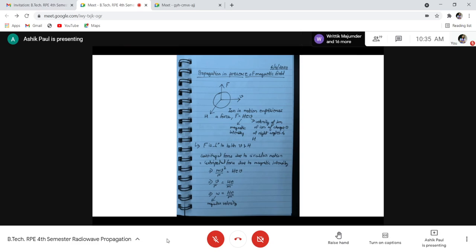Although the phenomenon of magnetism, to be very honest, is less well understood compared to that of electricity. ইলেকট্রিসিটি আমরা অনেক ভালোভাবে বুঝি, ইলেকট্রিক ফিল্ড অনেক ভালোভাবে বুঝি, কিন্তু ম্যাগনেটিজম বা ম্যাগনেটিক ফিল্ড কিন্তু আমরা এখনো পর্যন্ত we do not understand that very well. I mean, as well as electric field or electricity.